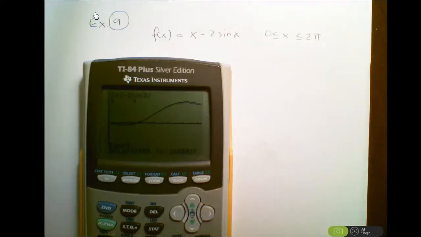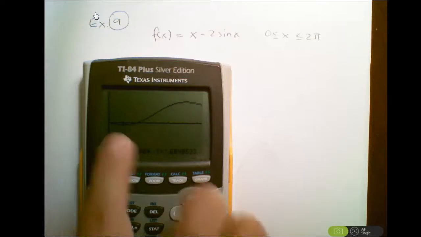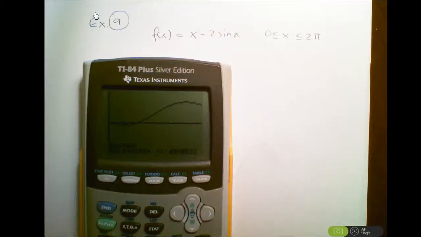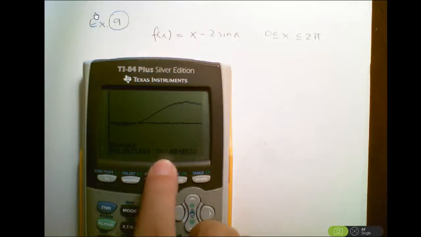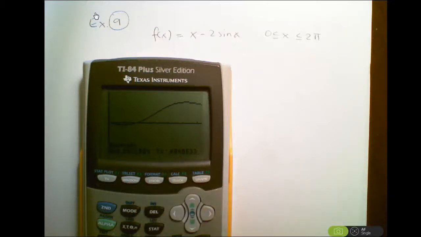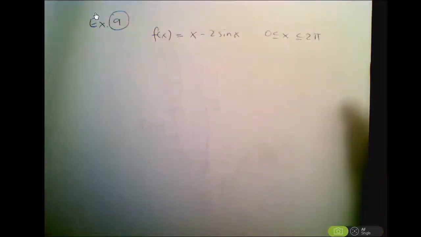Okay, and then your guess, leave it alone and press enter again. And now it's going to position itself on the minimum, and it's going to give you the approximate x and y values. Now, what is the minimum? Negative 0.6848533. Where does it occur? At x equals 1.047. Okay, so that's how I found it on the calculator. Awesome. However, we're going to be able to do it with our calculus classes.